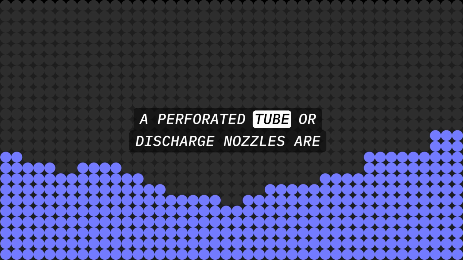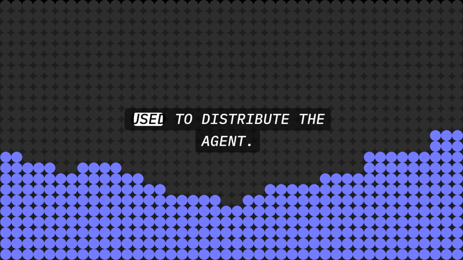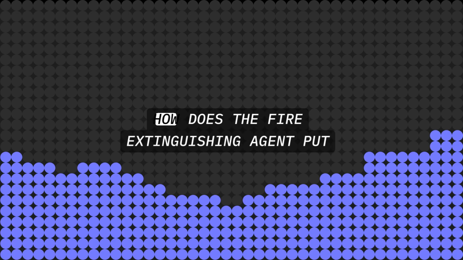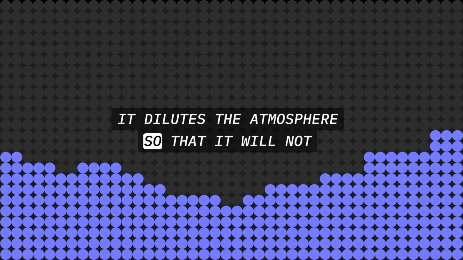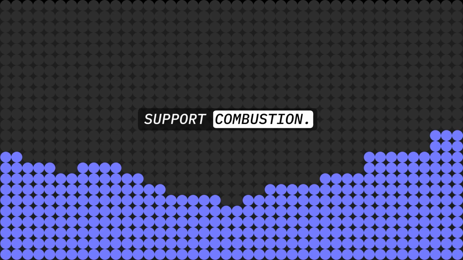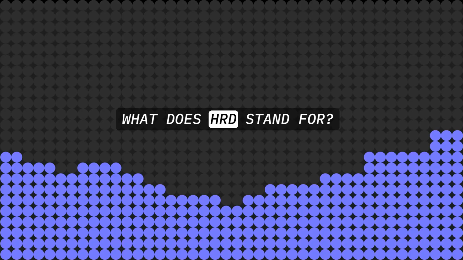A perforated tube or discharge nozzles are used to distribute the agent. How does the fire extinguishing agent put out the fire? It dilutes the atmosphere so that it will not support combustion. What does HRD stand for?